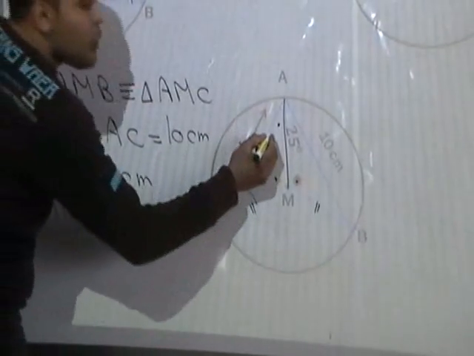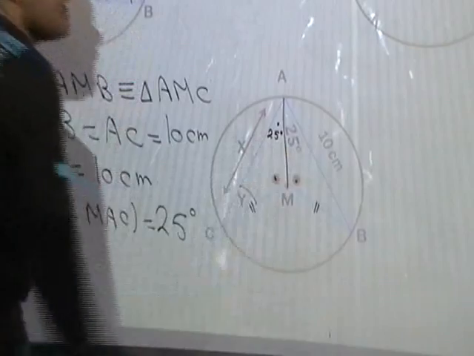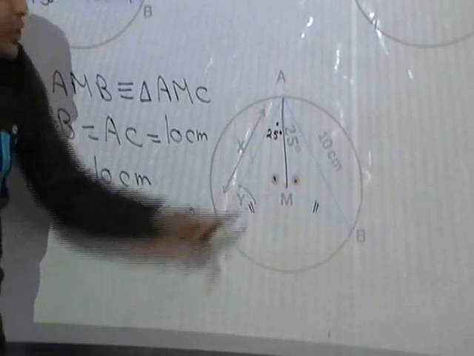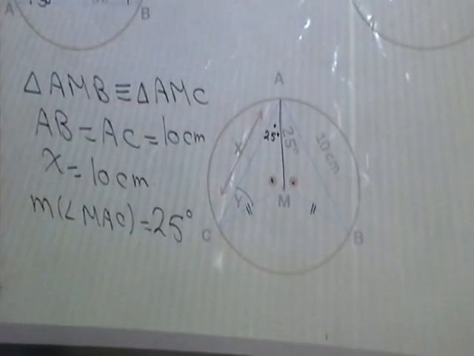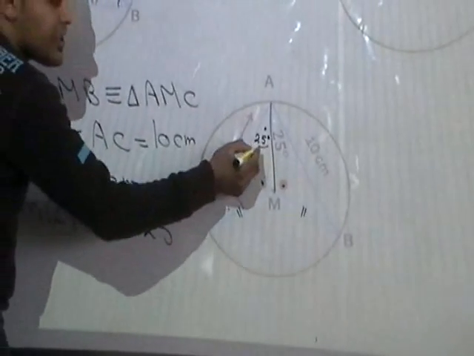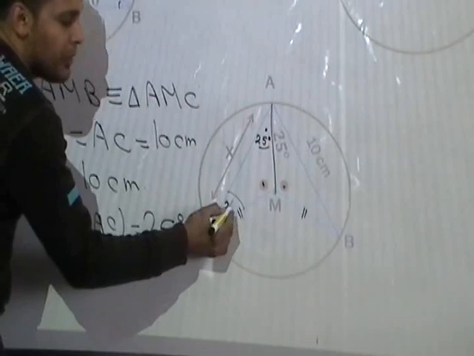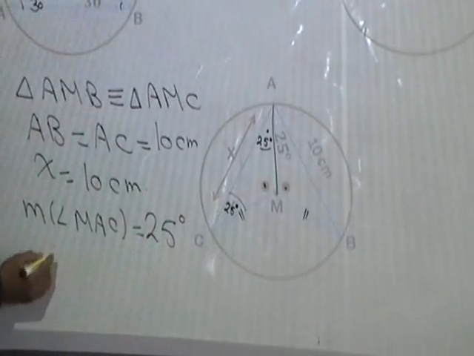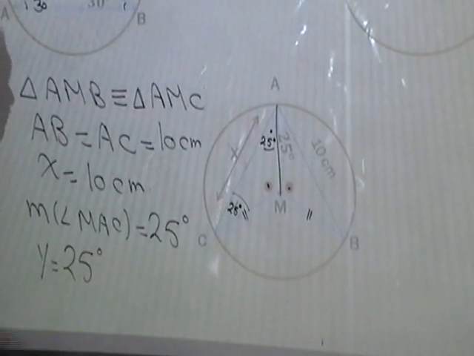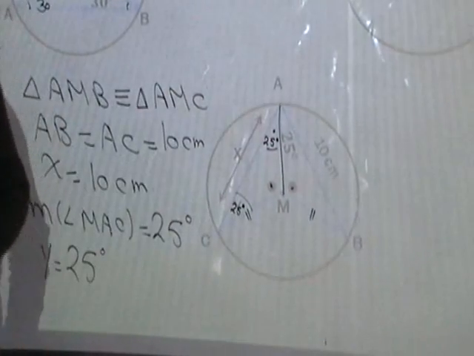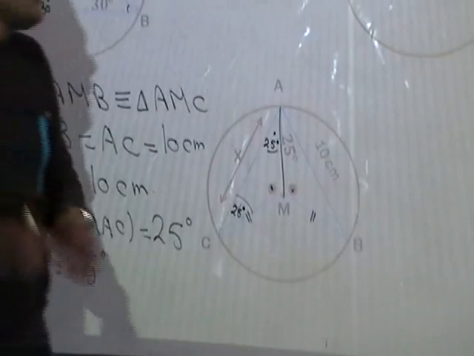So we can say that it's 25. I have AM equals MC because they are two radii in the circle. So we can say that this is 25 and y will be 25 degrees also, because triangle AMC is an isosceles triangle.